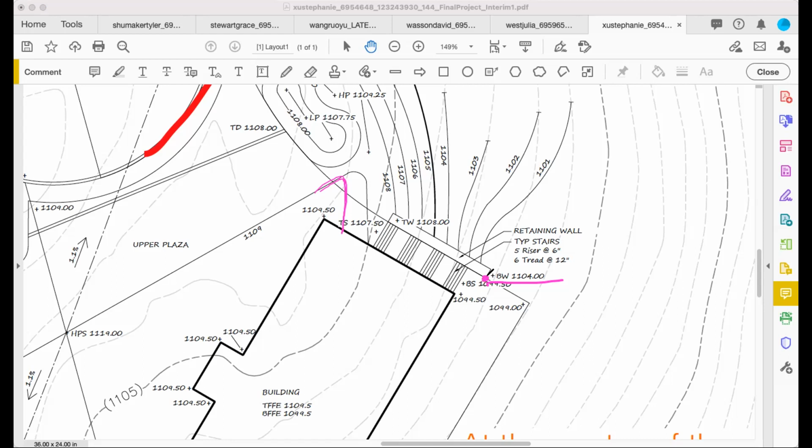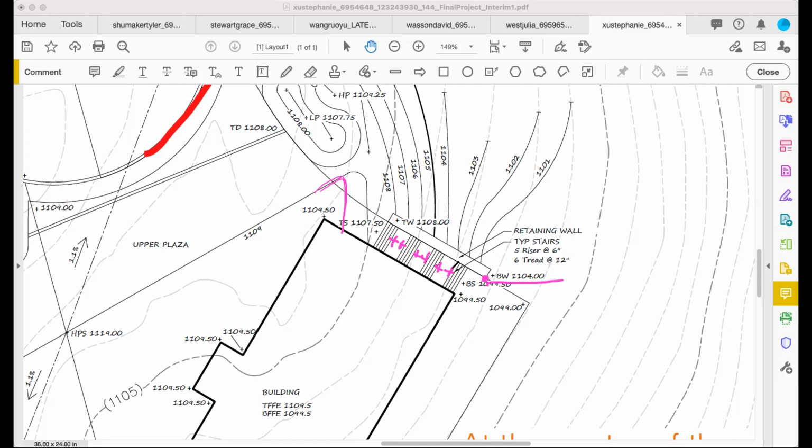And you have typical risers. You also need that. You do need those TS and BSs for each flight. So you have 5 risers, 6 treads, 4 of them, 20 steps in total. Yeah, that number looks correct.